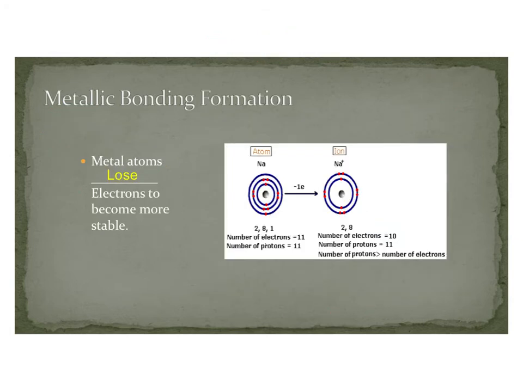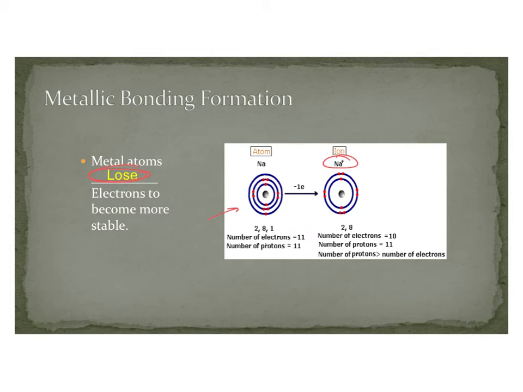We know from our study of ions that metal atoms will lose electrons to become more stable, to become like their nearest noble gas. So if I have a collection of metal atoms, like a whole bunch of sodium atoms, they're all going to start losing a ton of electrons to become positively charged ions.